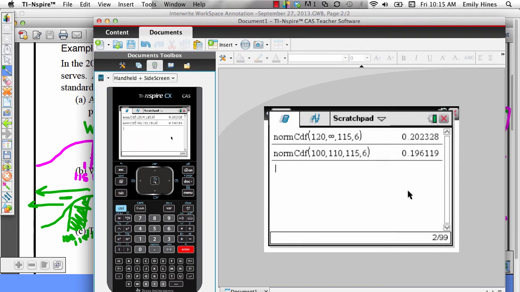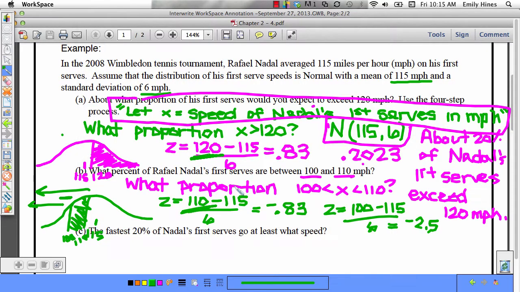And I get 0.1961. So that's my area. 0.1961 is my proportion.